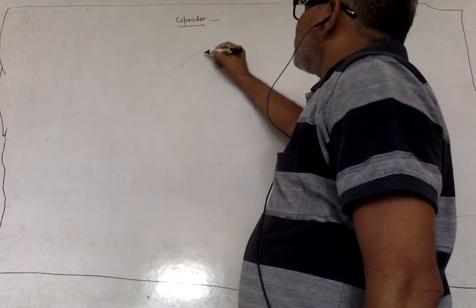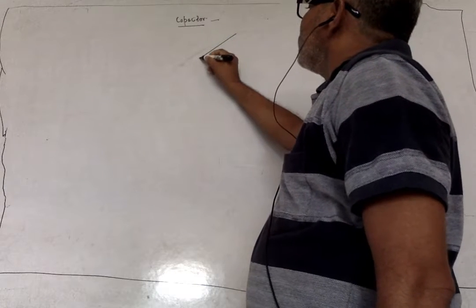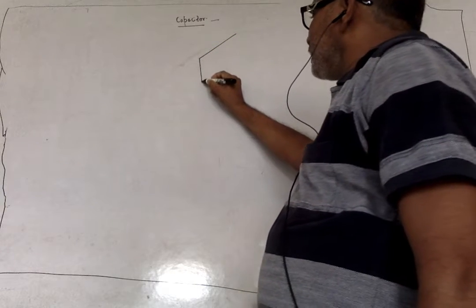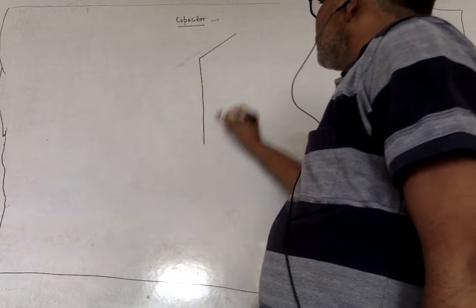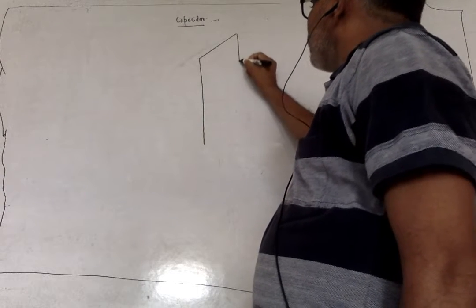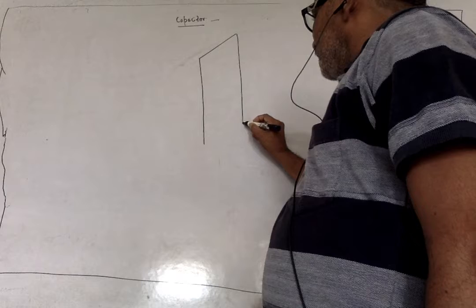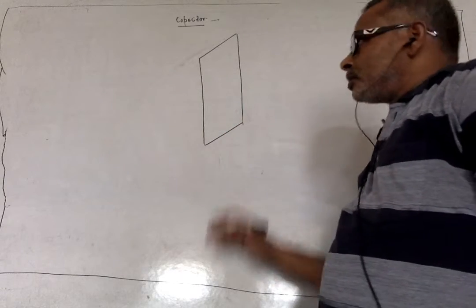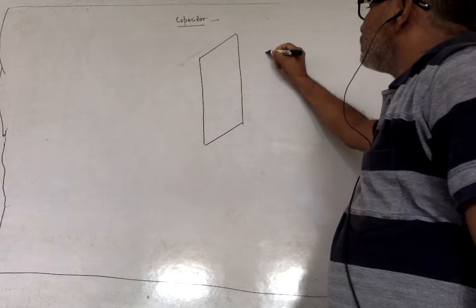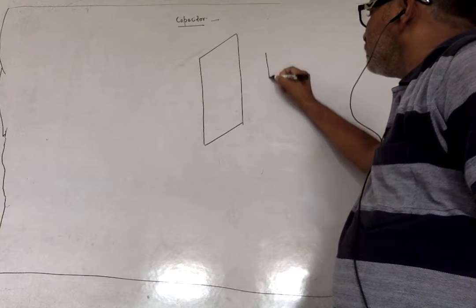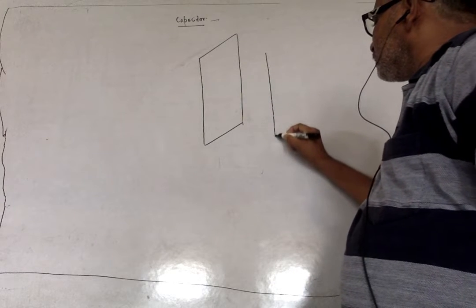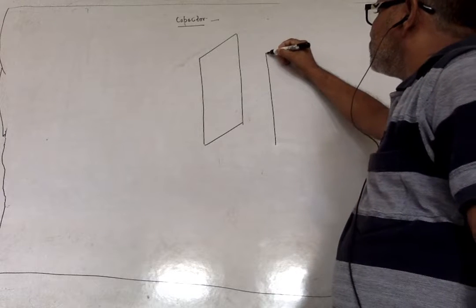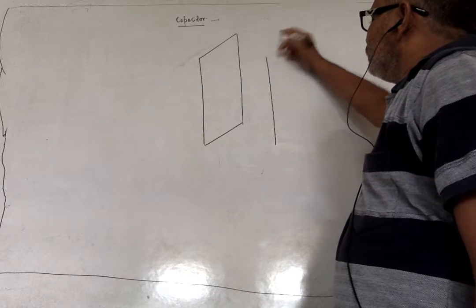When an uncharged conductor is brought near a charged conductor, the capacity of the charged conductor increases. This arrangement is called a capacitor. It is shown in the figure.